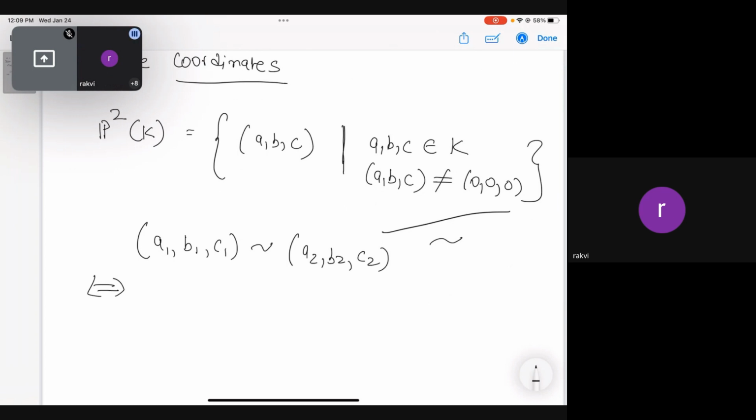What I mean is that this tuple is a multiple of this, where lambda is a non-zero scalar. It's an element of my field.